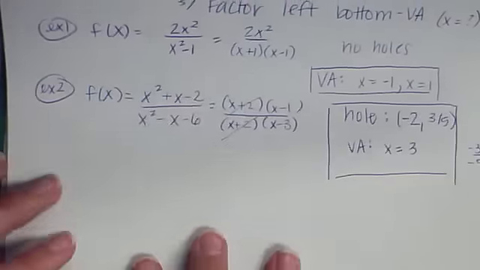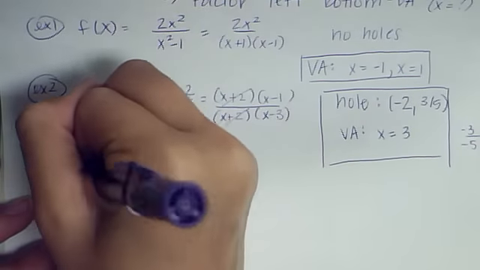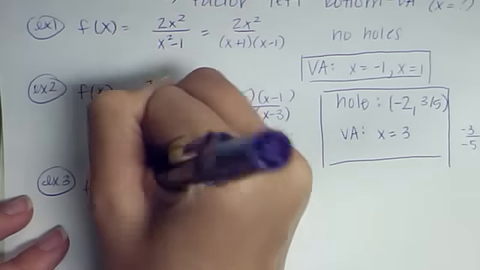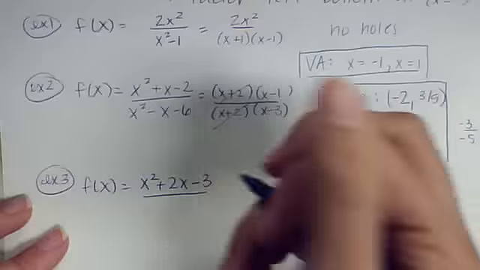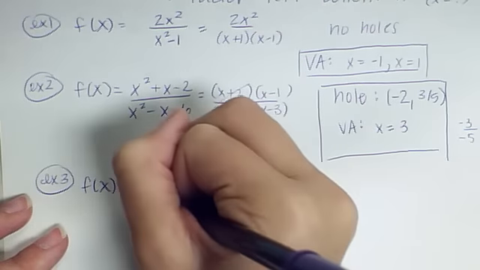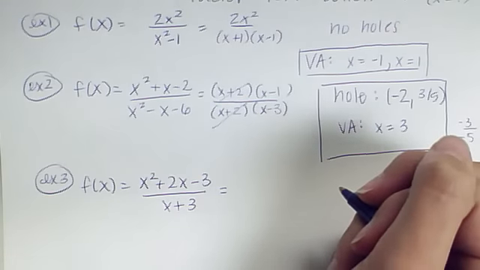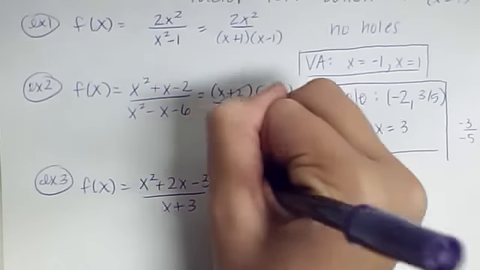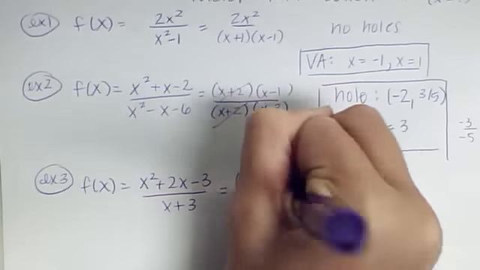Let's look at one more of this type. Example number 3 is f of x equals x squared plus 2x minus 3 over x plus 3. The bottom cannot be factored because it's already as simple as it can be. In the top, I can do x plus 3 times x minus 1 all over x plus 3.